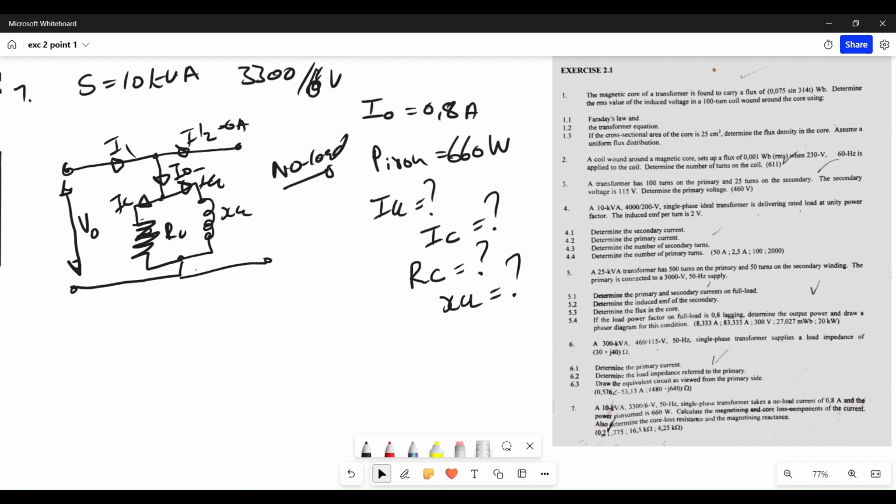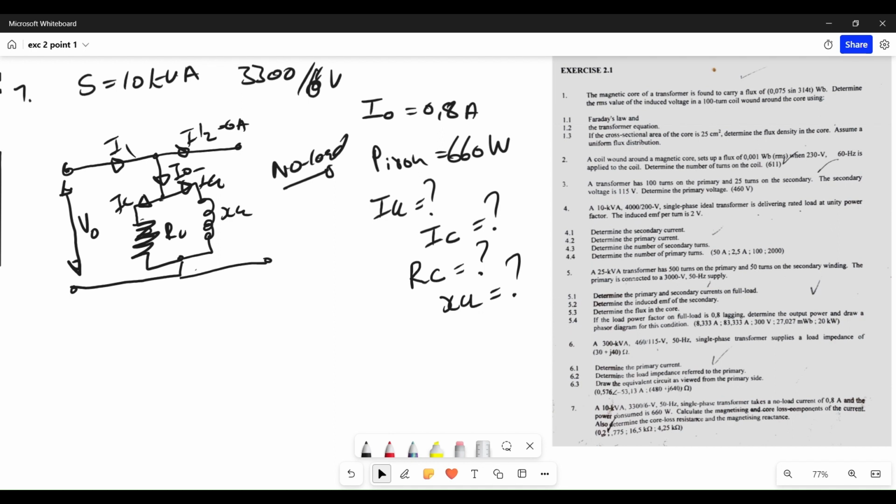I'm telling you about practical: you connect your measuring instruments on the low voltage side and leave the high voltage side of the transformer open circuit, connecting nothing to it. That's how you properly do an open circuit test. So it's very important to know which side the test was done before calculating in such a question.